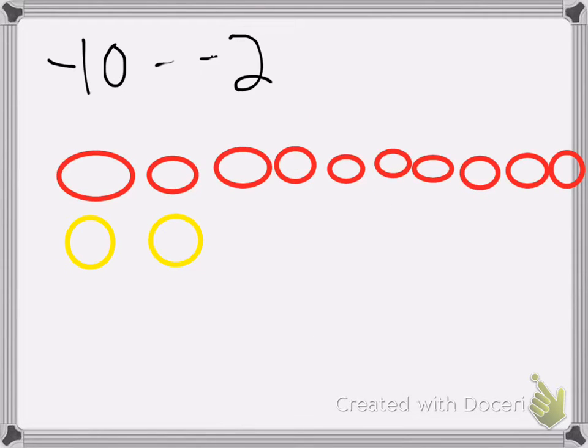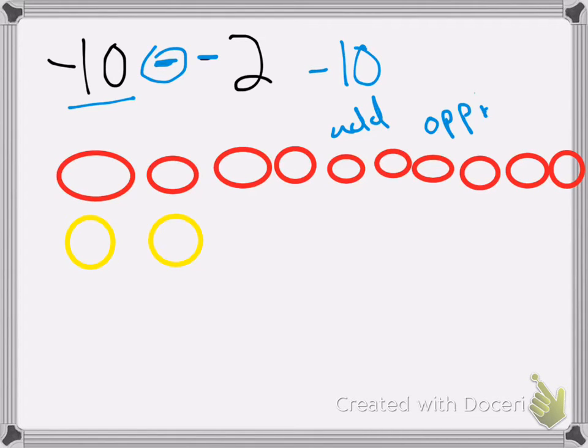Same thing here. We've got negative 10 minus negative 2. Add the opposite when you see subtraction. So it's negative 10, you keep that, and then you're going to add, well, what's the opposite of negative 2?